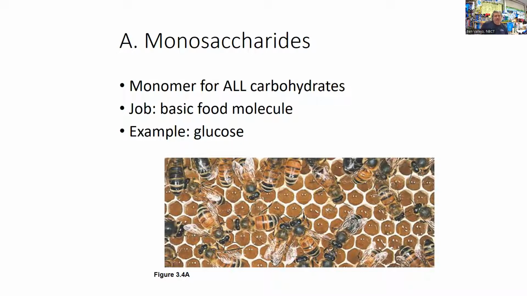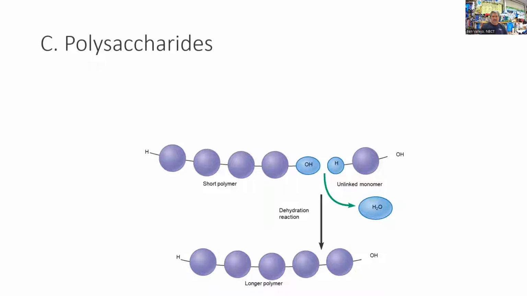There are some other ones, like an oligosaccharide you might see when you take a look at your Gatorade bottle. Sometimes they put some oligosaccharides in there, so there are just some short chain saccharides, short chain sugars. But we're going to test also for the long chain sugars.